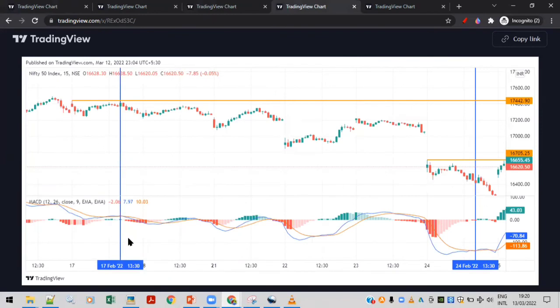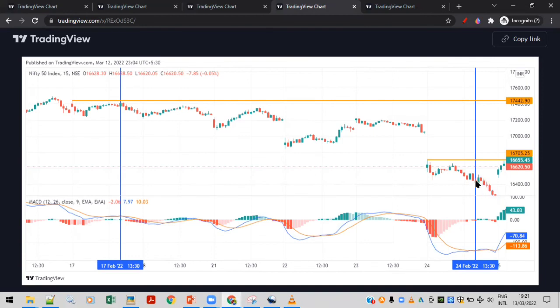A couple of other dates: on 17th Feb, same downtrend, green candle around 1:30, then the trend continued on the downside. On 24th Feb, the trend was down, price was trading below the first 15-minute candle, and the MACD histogram was red. Here you would see that after 1:30 the green move came and then it went down.